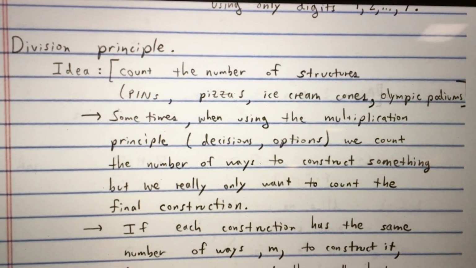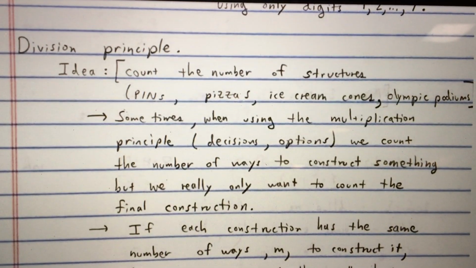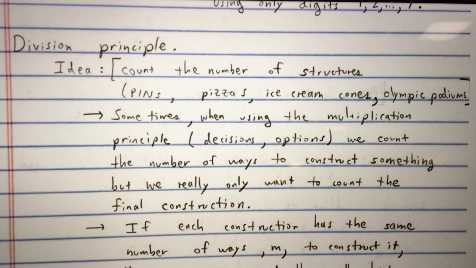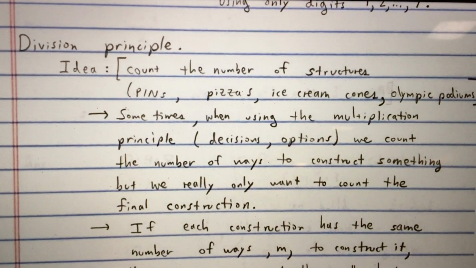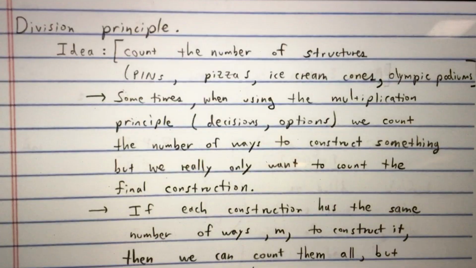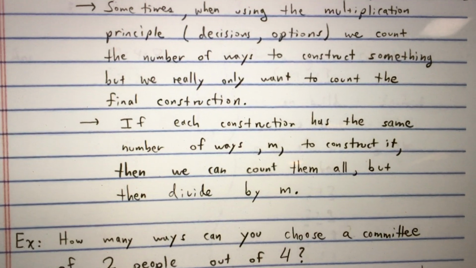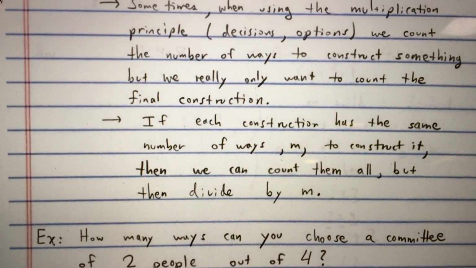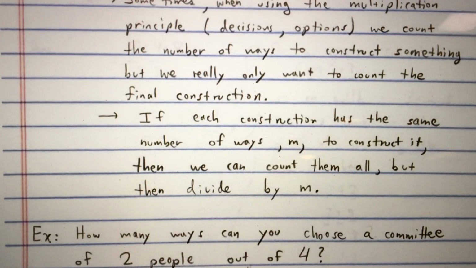That is, if each construction has the same number of ways, m, to construct it, then we can count them all, but then divide by m.